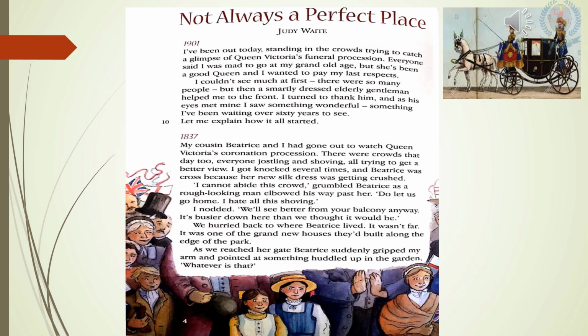When she went to pay her last respects to Queen Victoria, she was too old, and there were so many people. At that time, one elderly gentleman helped her to the front. When she looked at him, she could remember her past incident. At that time, she started to recall her past incident.